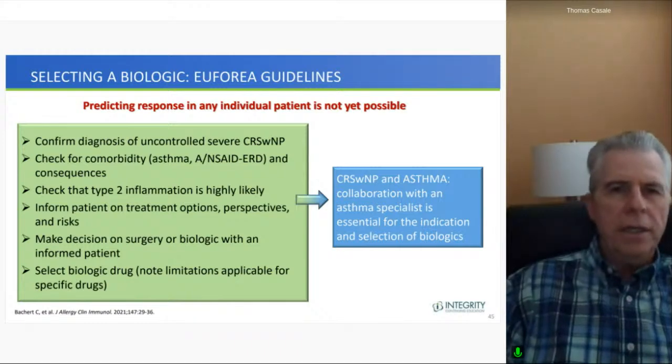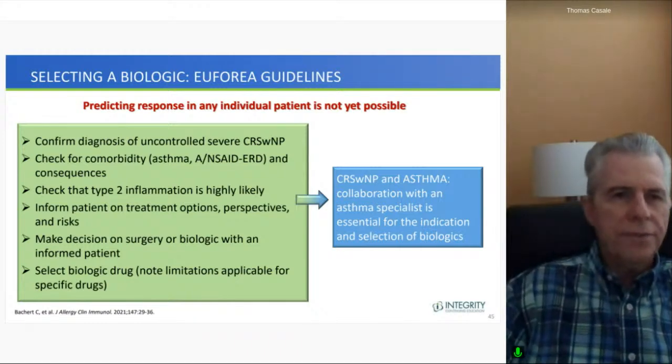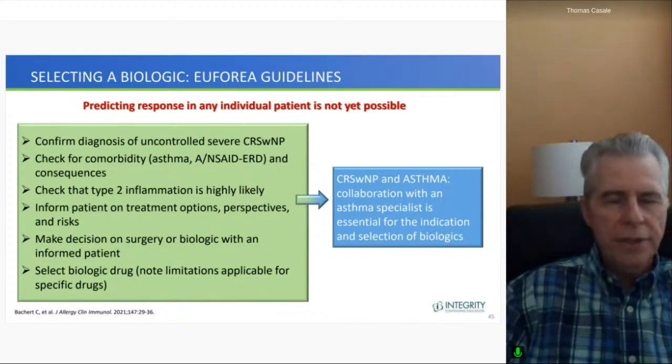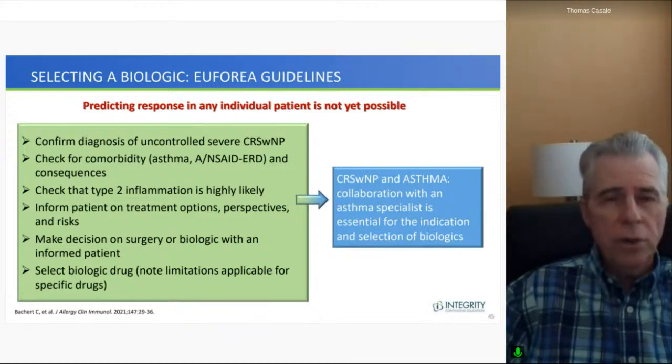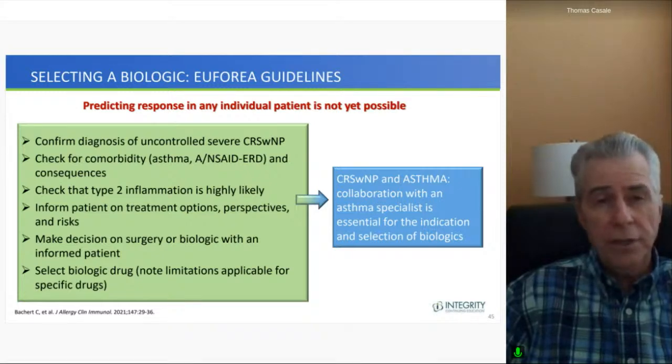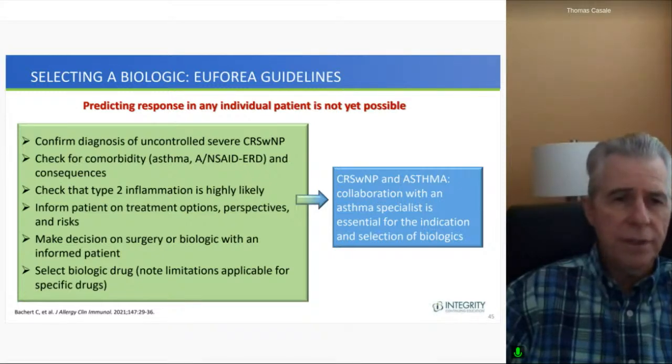So the first thing you would do is confirm the diagnosis of uncontrolled severe rhinosinusitis with nasal polyps. Check for comorbidities, because again, that may lead you towards using a biologic. Make sure that type 2 inflammation is highly likely, either by elevated blood or nasal eosinophils.